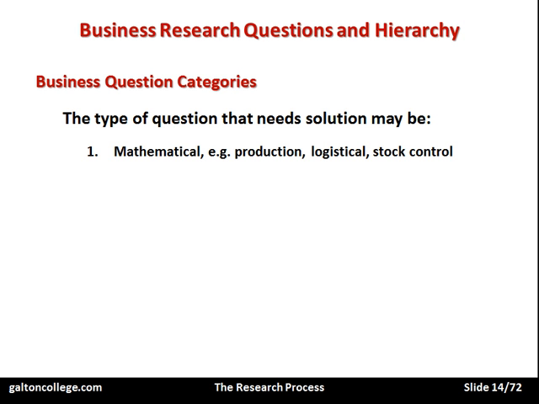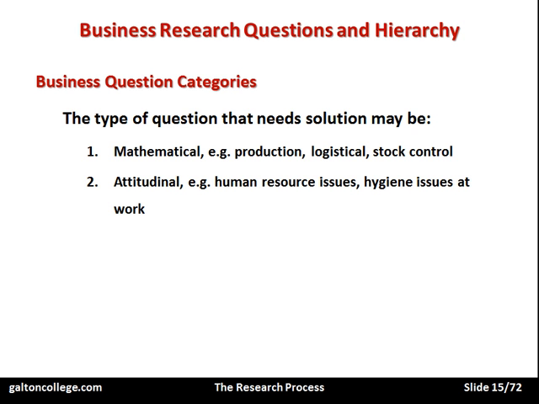The company should produce 100 of these items, or the company should hold £100,000 worth of stock. So normally it's quantitative, and that would be a mathematical type solution. It could be attitudinal, that the research is aimed at finding attitudes.